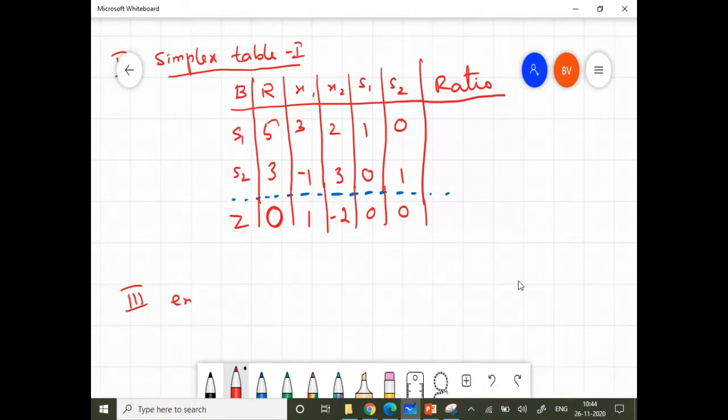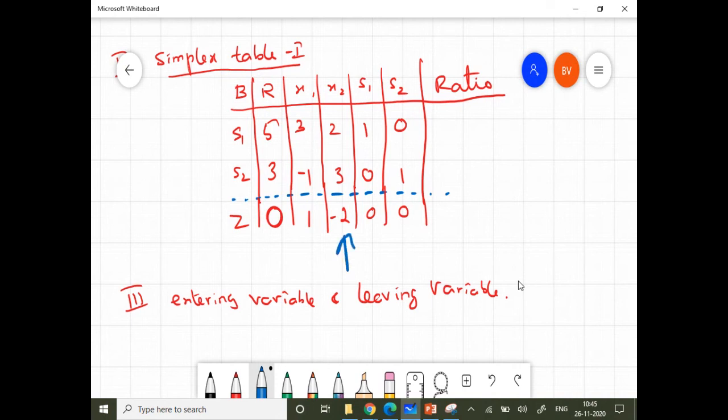What is called the entering variable and the leaving variable? Here there is only one negative, so no choice, only one negative available, so that is our entering variable. This variable should enter the basis somewhere.